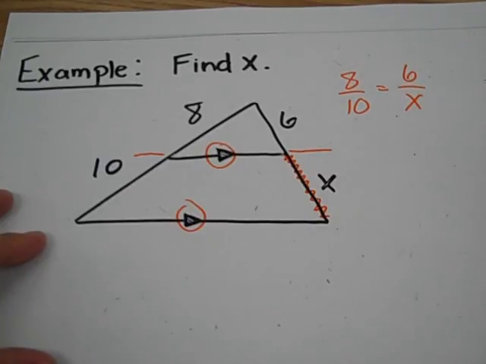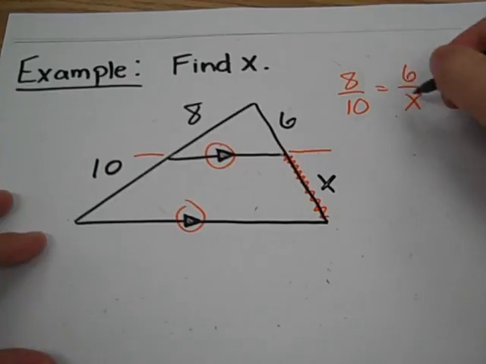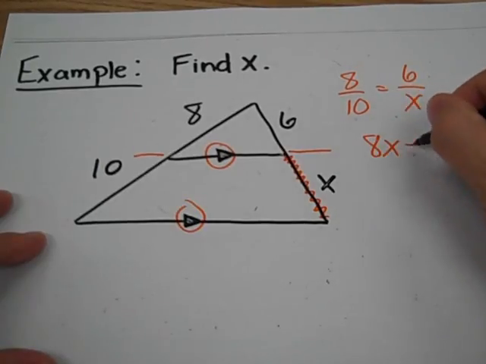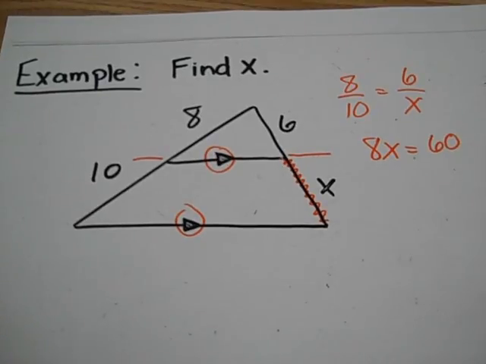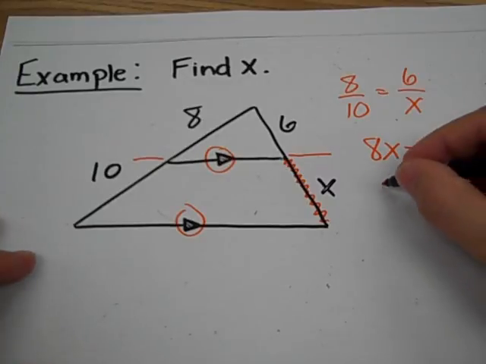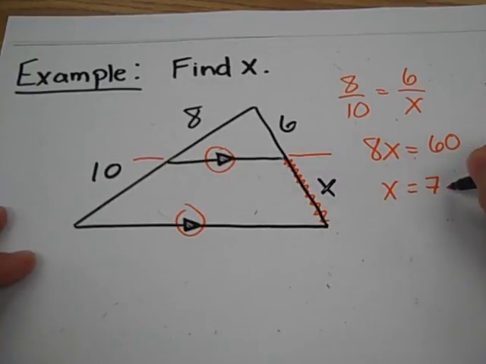And now I'm just doing what we did when we were solving proportions. I cross multiply and get 8x. 6 times 10 is 60. And then I can just do one more step and get that x is 7.5.